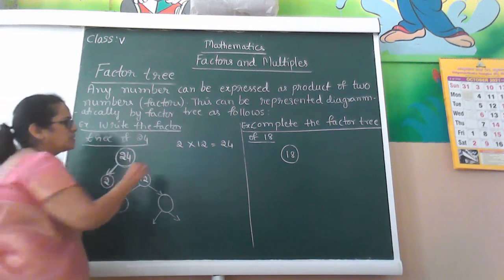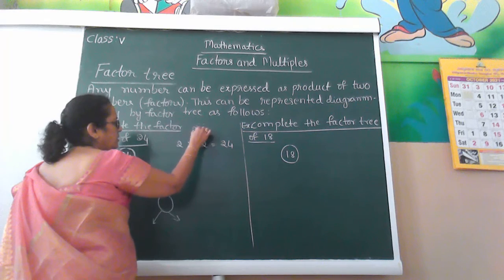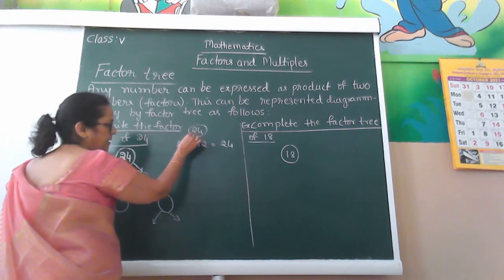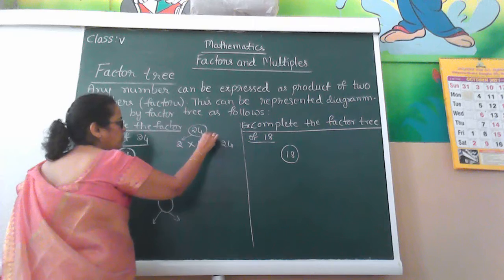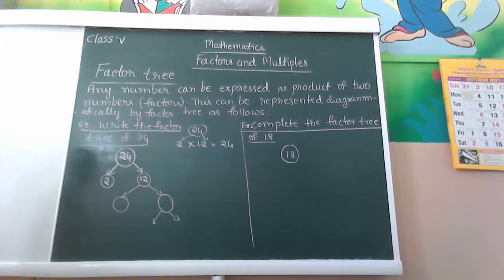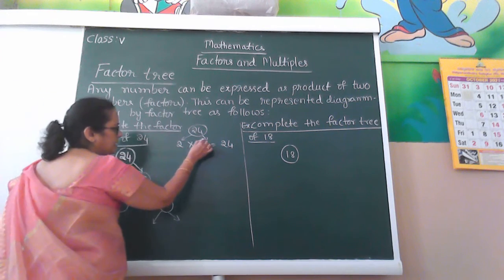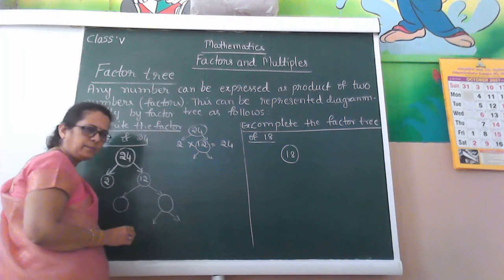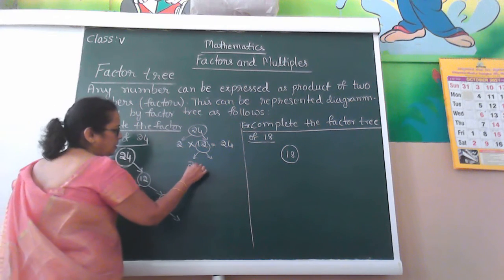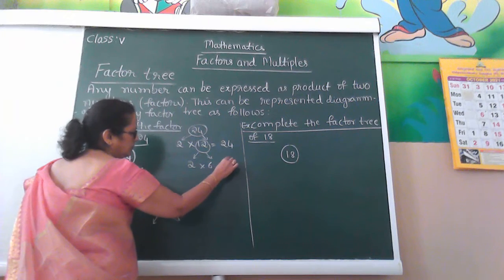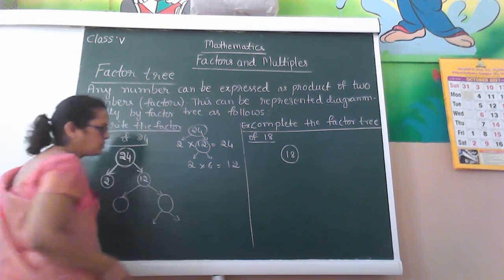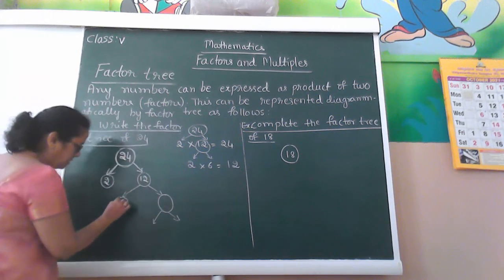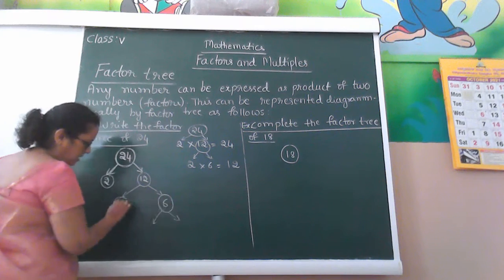That is, 24 is 2 12s are 24. Now take this 12 and multiply again by two numbers. Let us say 2 6s are 12, isn't it? Write this, 2 6s are 12.